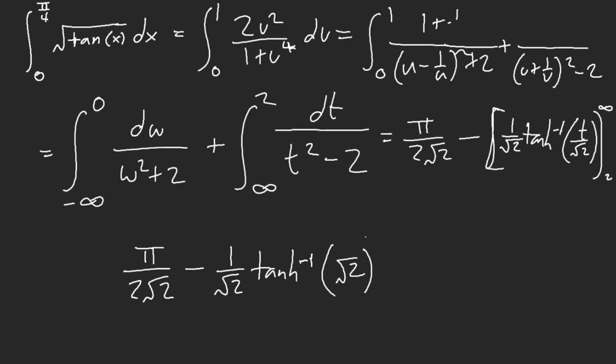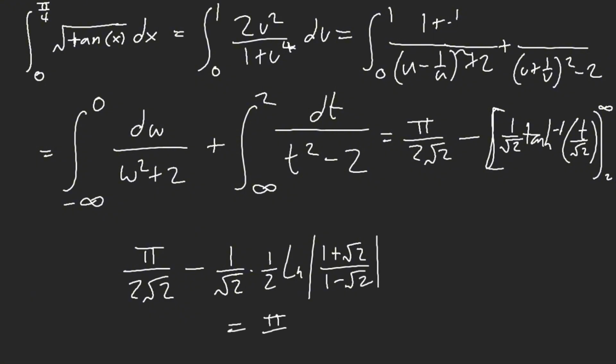Is that acceptable? I don't think that's acceptable because that's complex. ln of 1 plus root 2 over 1 minus root 2, absolute value. Oh, okay.